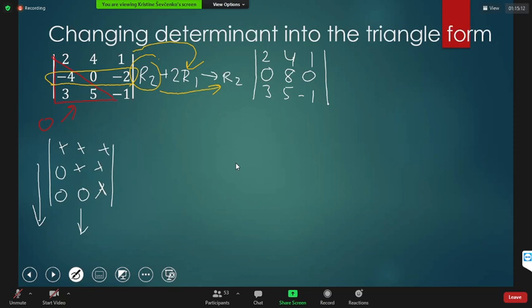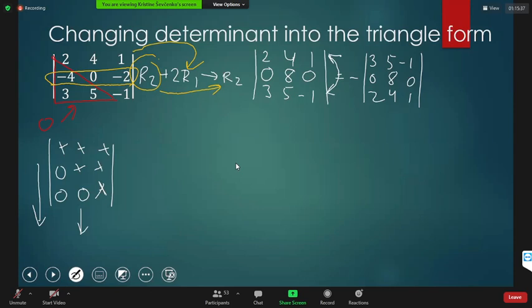I will exchange the first and the third row. Of course, I will need to change the sign of the determinant at that, because I need to keep things equal. So 3, 5, -1, 0, 8, 0, and 2, 4, 1. I simply exchange these two rows.